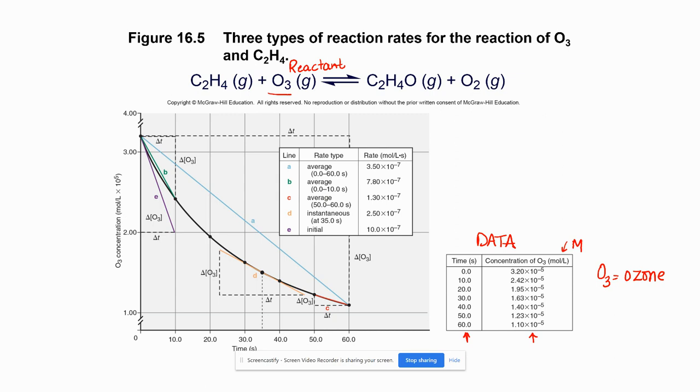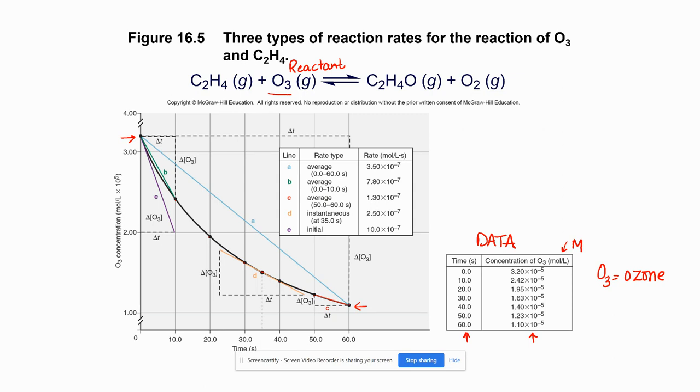On the graph, the concentration versus time as it's decreasing is the black graph here, the data. And that's showing that it started at 3.2 times 10 to the negative 5, and after 60 seconds, it ended up at 1.10 times 10 to the negative 5. So these data points are all reflected in the black colored graph.